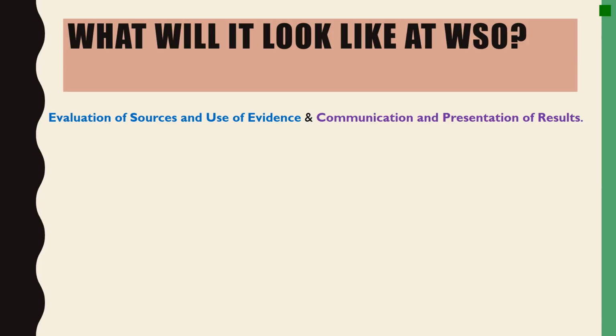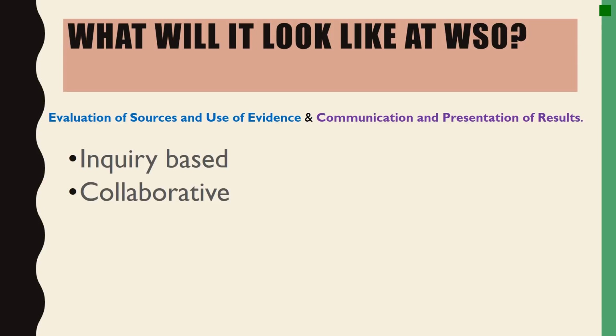Therefore, we developed the following criteria for all UAE Social Studies lessons at WSO. They should all be inquiry-based. They should all be collaborative, with children working together and adults facilitating.